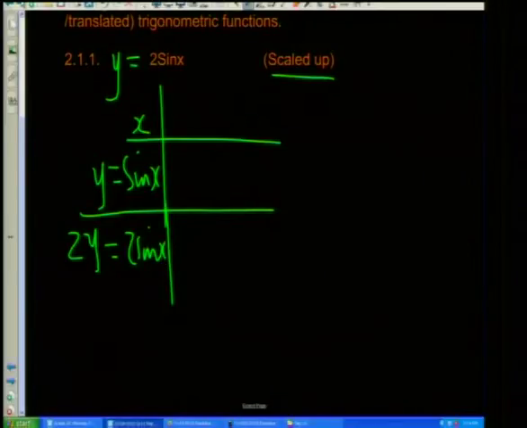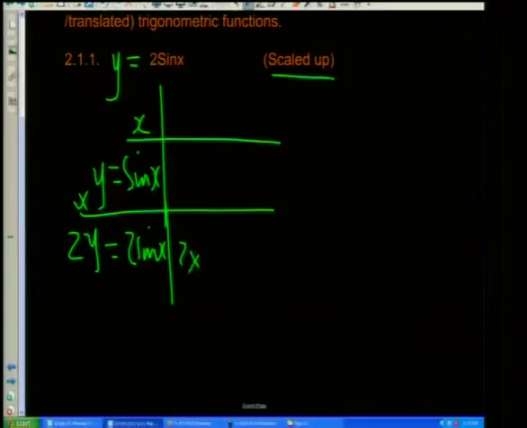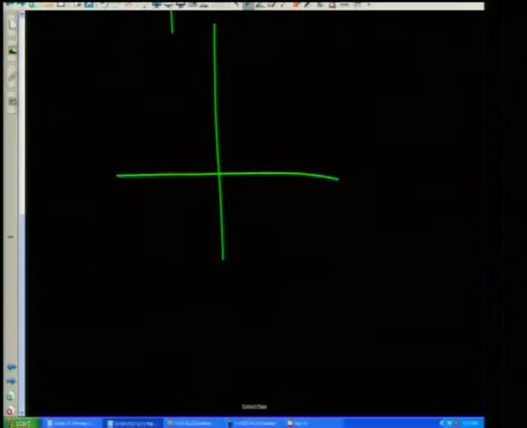So in your table, the values that you get over there, you then double them. Okay, so 2 times here.